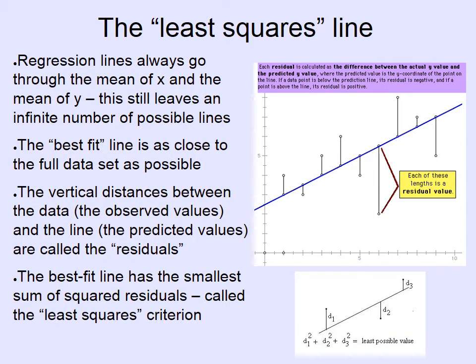So how do we create a line to represent the relationship between X and Y? We've created a scatter plot like we did in correlation, and we see these dots, and we want to see that they're roughly going in a linear relationship. To create this best fit line, we need to find a line that minimizes the residuals.